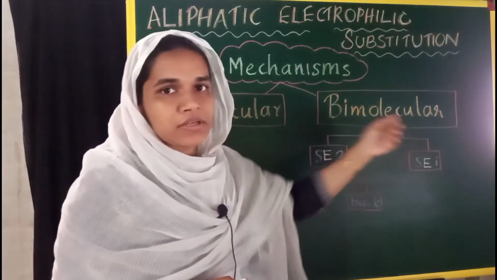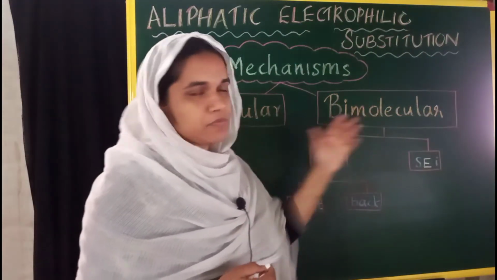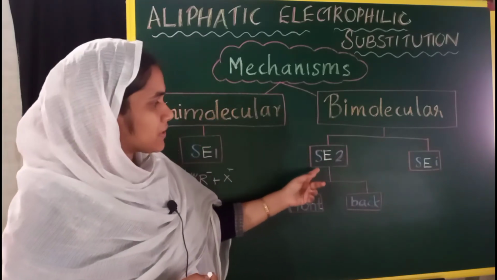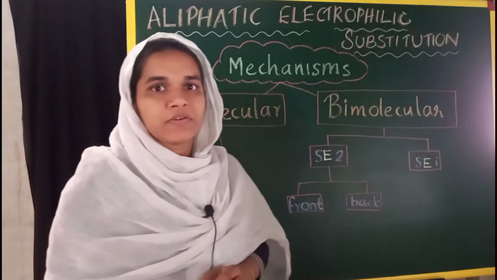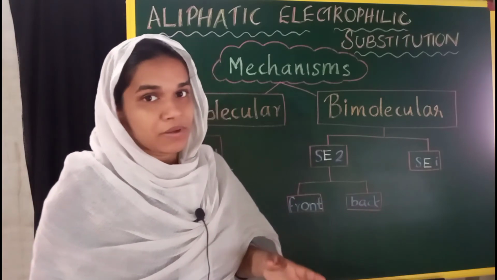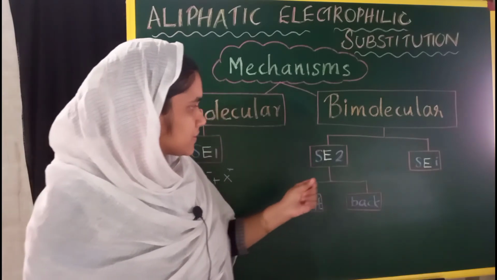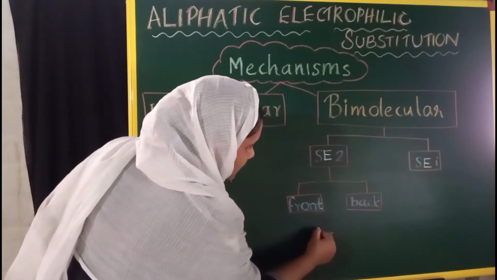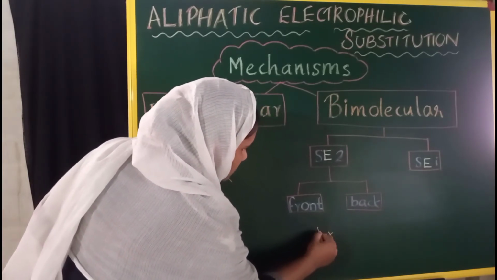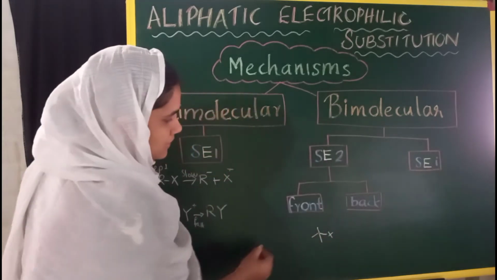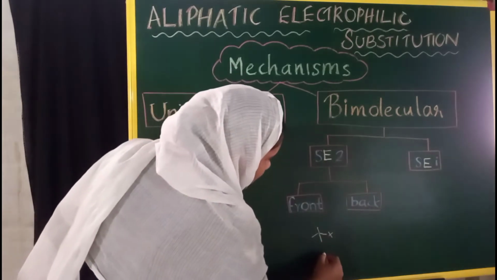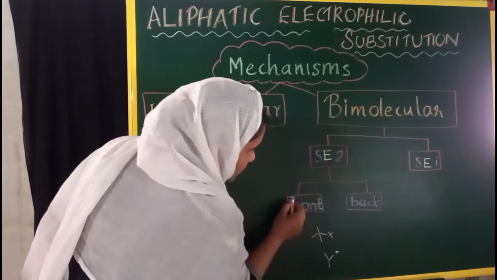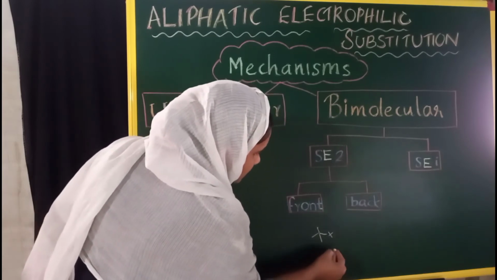In the case of bimolecular mechanism, there are two types. First of all, the SE2 mechanism, which is similar to the SN2 mechanism. Suppose our leaving group is X and three different groups are present here. Then the electrophile Y plus can attack from the front side, that is from here.